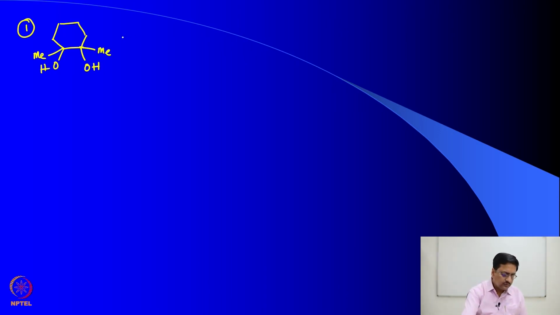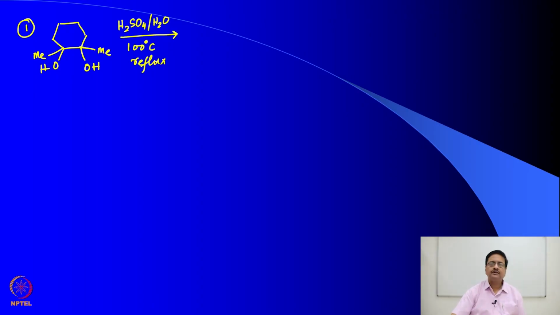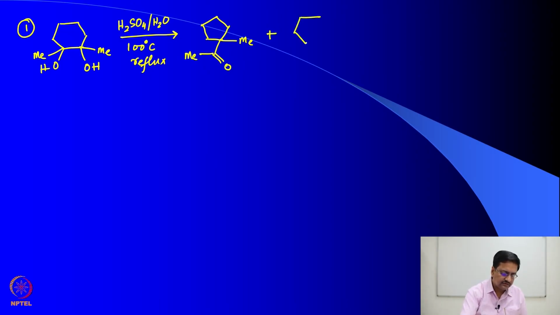So, when you do this pinacolone rearrangement in the presence of sulfuric acid in aqueous medium at about 100 degrees centigrade in reflux condition, what is the product that one can expect? What we see are two different products that are formed in this reaction. This is one product and the other product is this one.